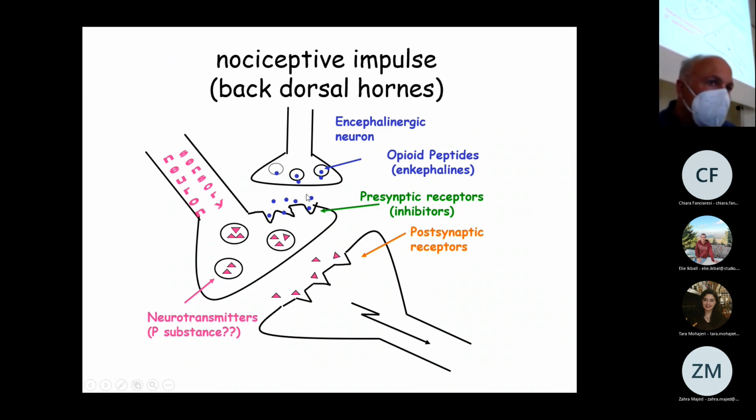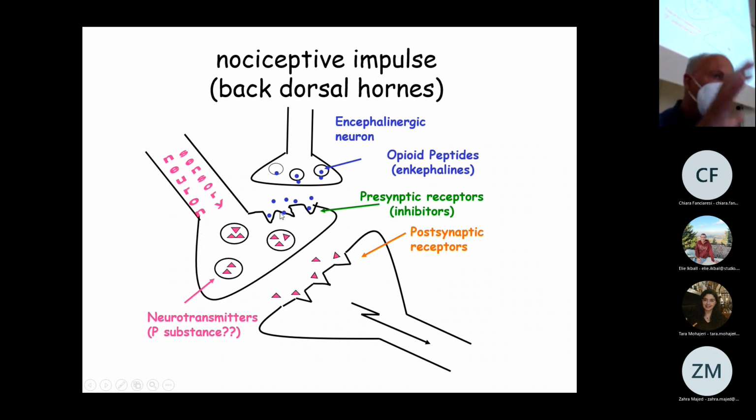You see here these receptors which respond to enkephalins. So these receptors are postsynaptic if we see the enkephalinergic neuron, but are located on a presynaptic fiber.